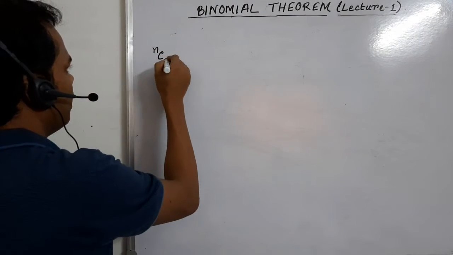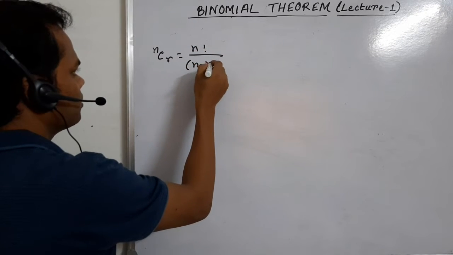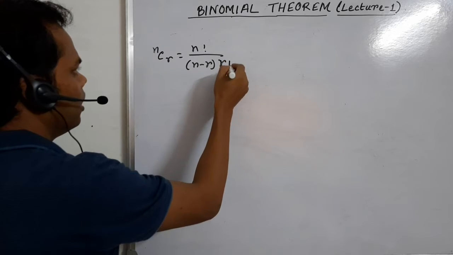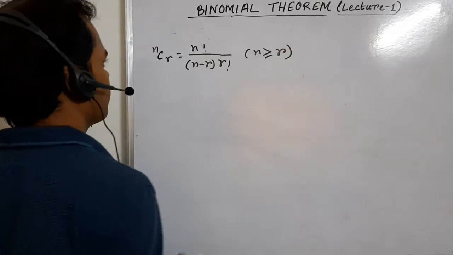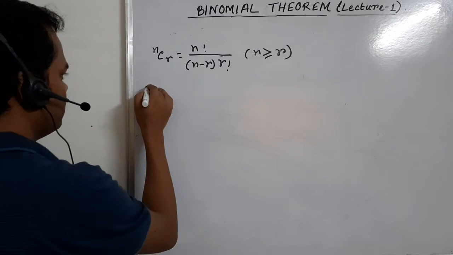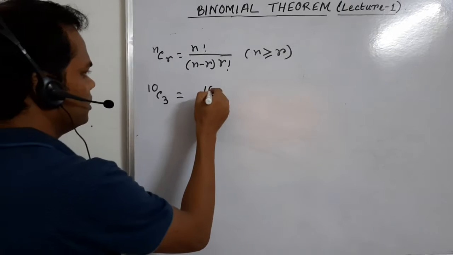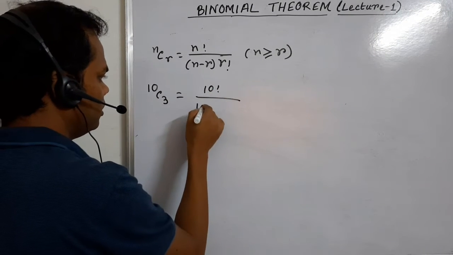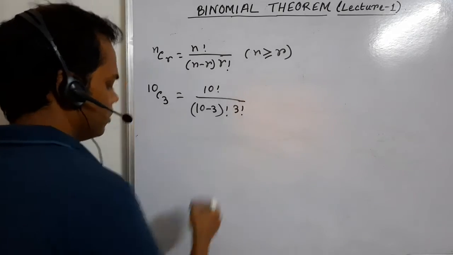Now nCr equals n factorial by (n minus r) factorial into r factorial. Here n is greater than or equal to r. As for example, 10C3. What is 10C3? 10 factorial by (10 minus 3) factorial into 3 factorial.